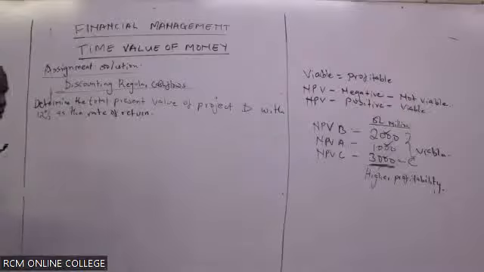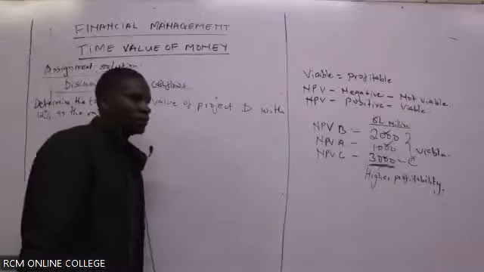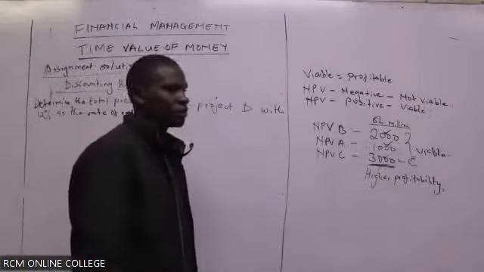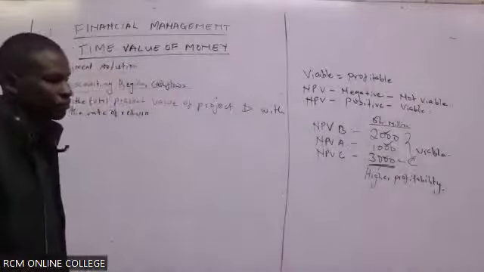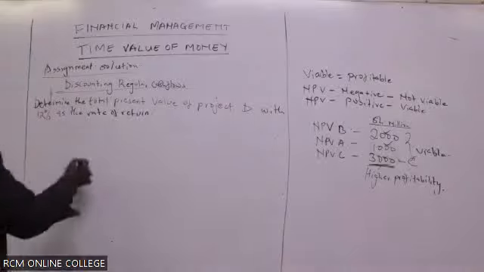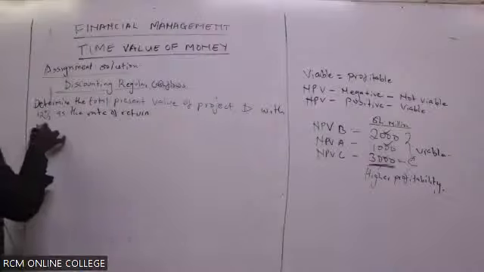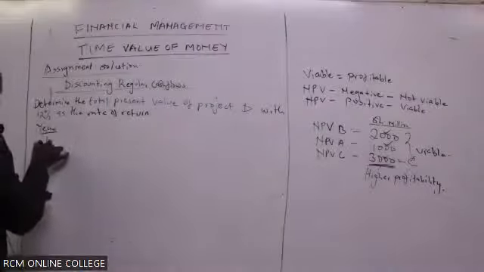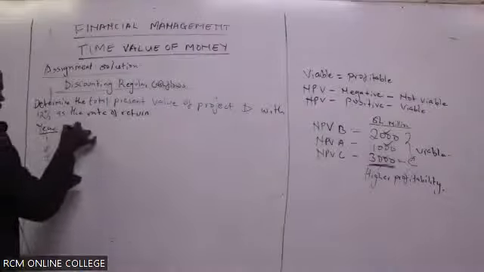The cash flow is equal. So we have here 1, 2, 3 of cash flow.